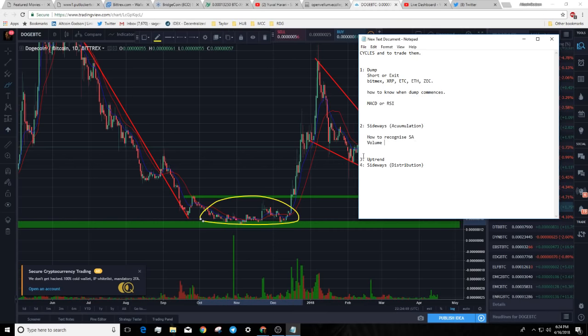This is one of the most basic ways of recognizing sideways accumulation. Another thing is, if you're a moving average guy, you will notice lots of crossovers.